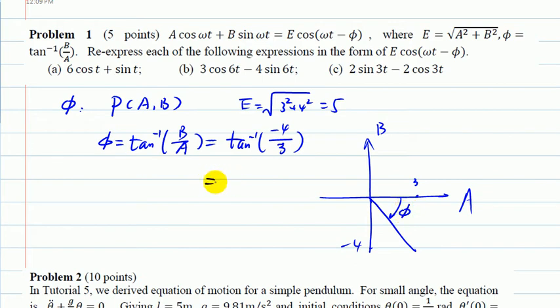It is going to be a negative angle, so you'll get negative 53.13 degrees. Then the end result is actually just 5 cosine omega t minus negative 53.13, so it becomes plus 53.13 degrees. So that's basically problem number 1.